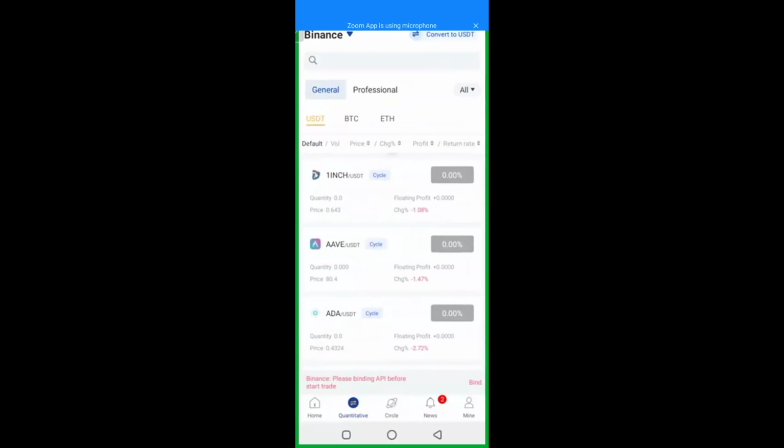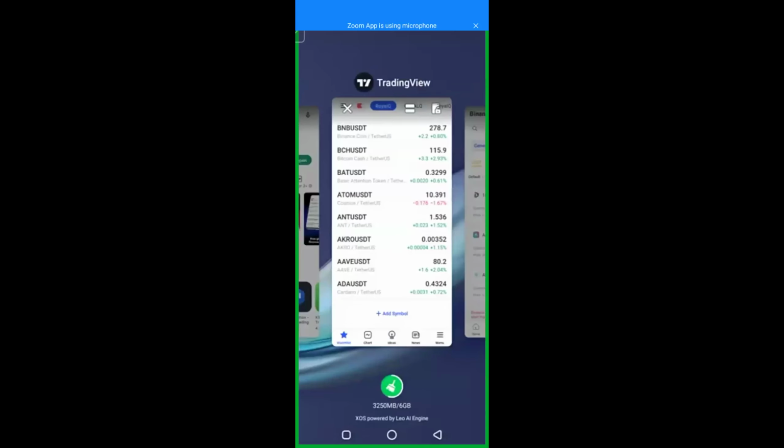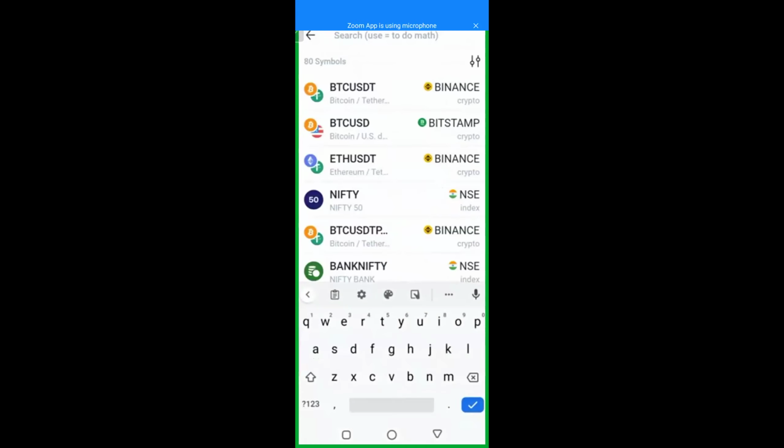Now our last coin is 1inch on the general coins. 1inch USDT. All right.